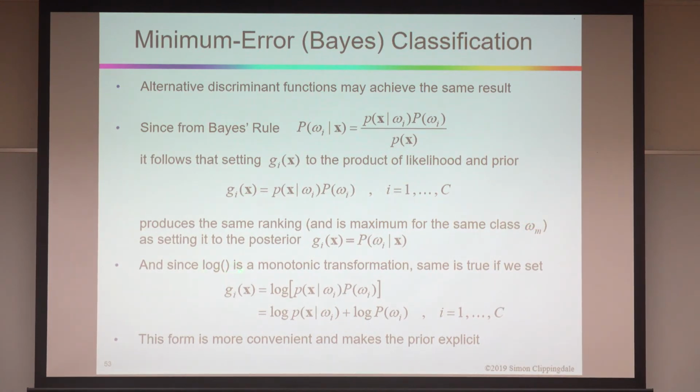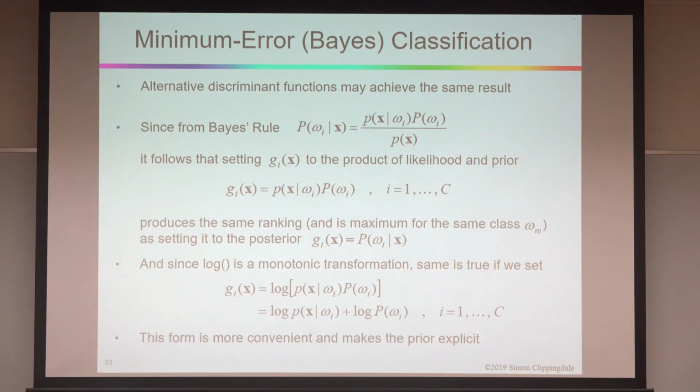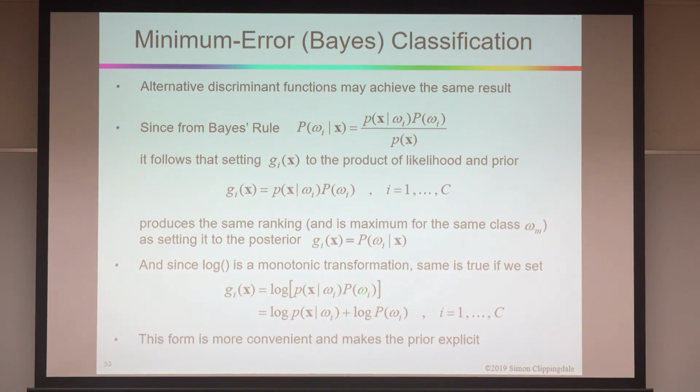You can also take the log of that if you like, because log is a monotonic transformation. So if you take the log of something, the ordering of the various classes doesn't change. And so if you set your discriminant to be the log of this likelihood, the probability of x given omega i, the probability that this sample came from the ith class, plus the log of the prior probability of the ith class, because not all the classes may be equally probable.